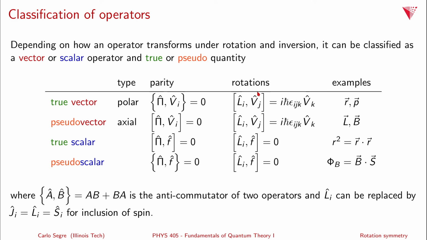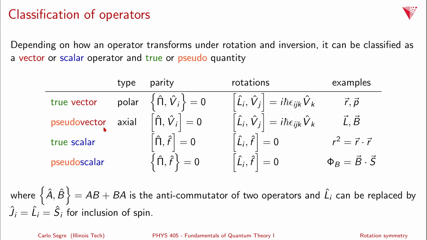It also behaves under rotation such that the commutator of L_i, the angular momentum, so the rotation generator, and V_j is equal to iħ ε_ijk V_k. The operators R and P are good examples of these. When you apply parity, they reverse direction.